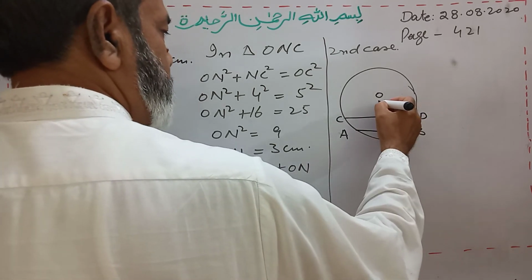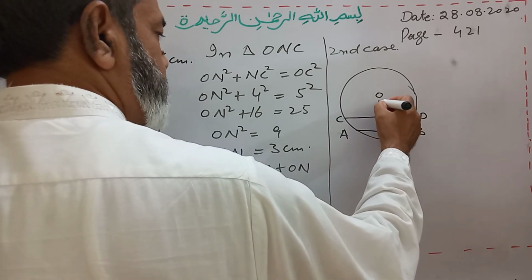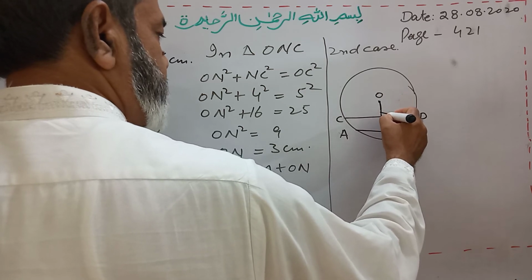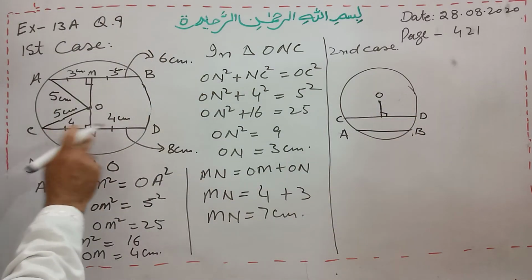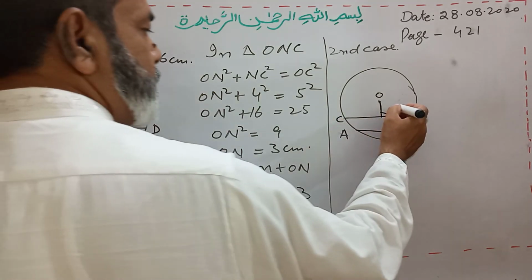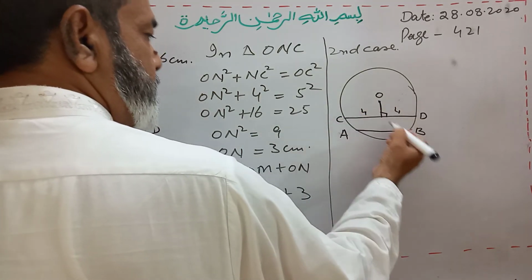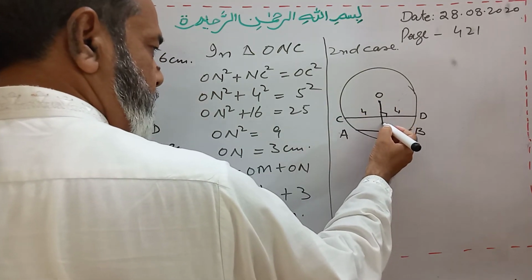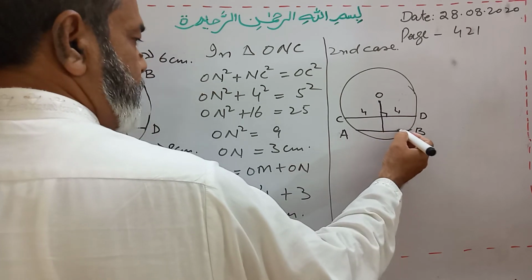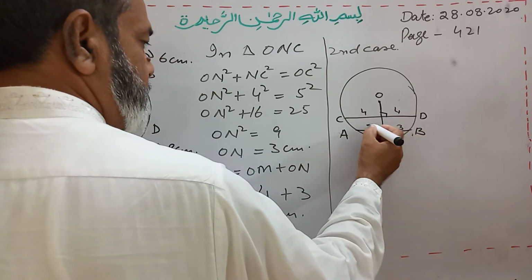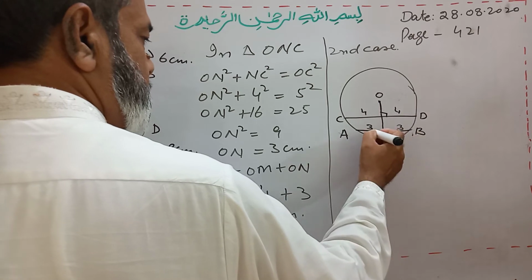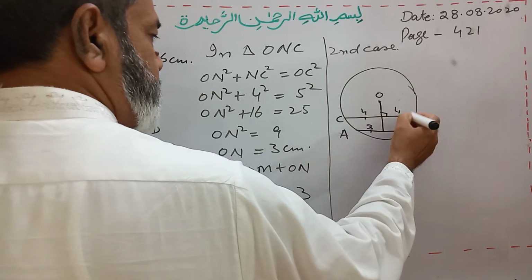Again, when we draw the perpendicular from the center of the circle to the chord, it bisects the chord, so CD will be divided into 4, 4. Same, extend this perpendicular to AB. This will be divided into 3, 3 centimeters.